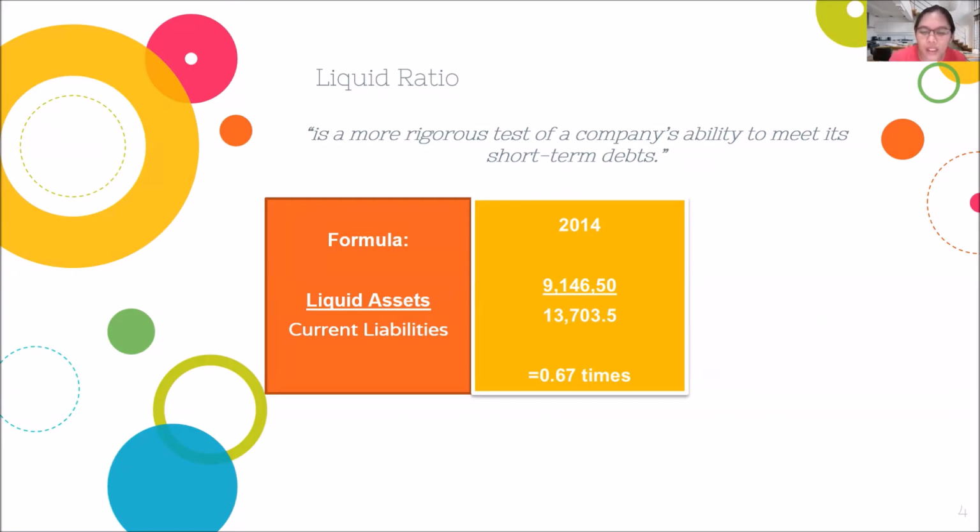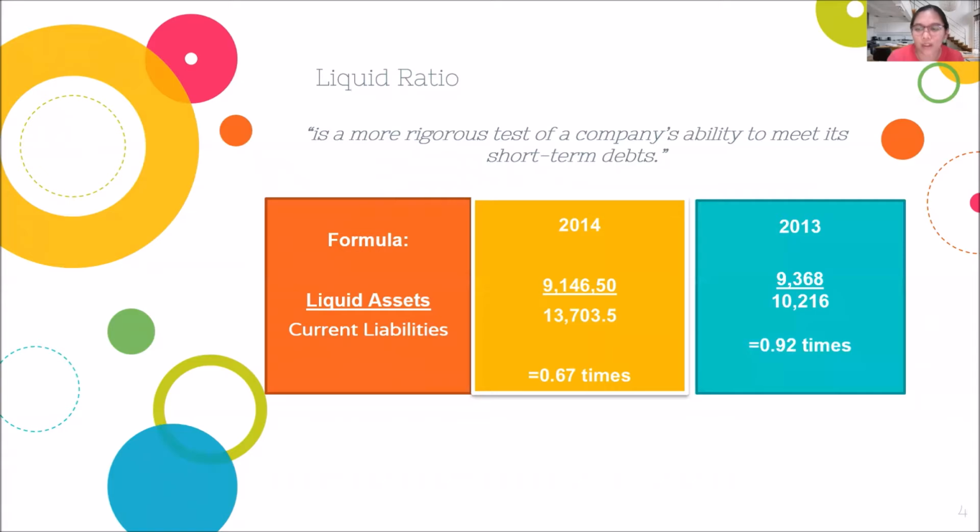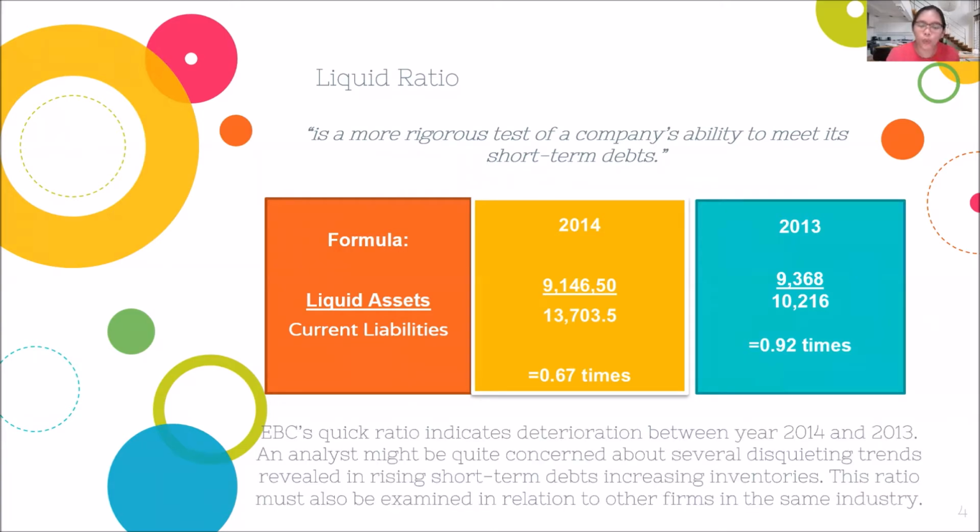So in 2014, as you can see, it's 0.67, and in 2013, it's 0.92. It's just the same with the current ratio, which decreased a year after. So EBC's quick ratio indicates a deterioration between 2014 and 2013. An analyst might be quite concerned about several disquieting trends revealed, such as the rising short-term debts and increasing inventories.